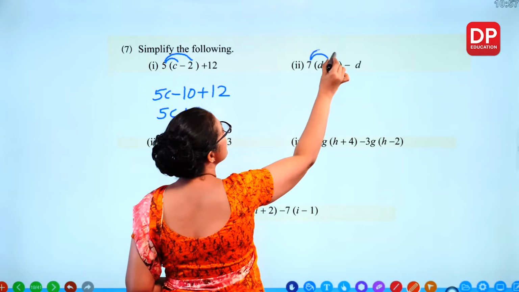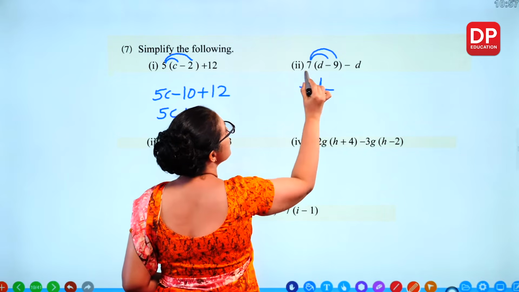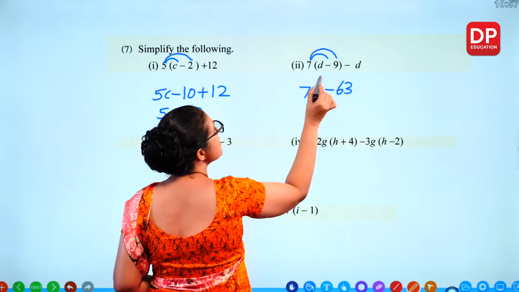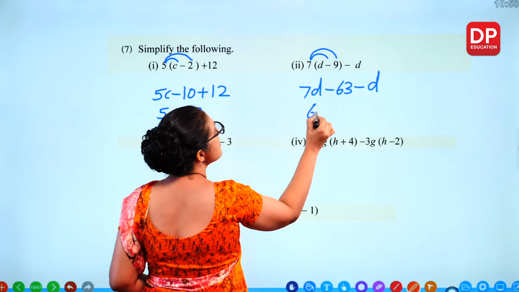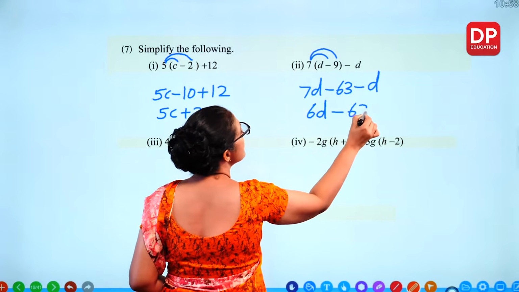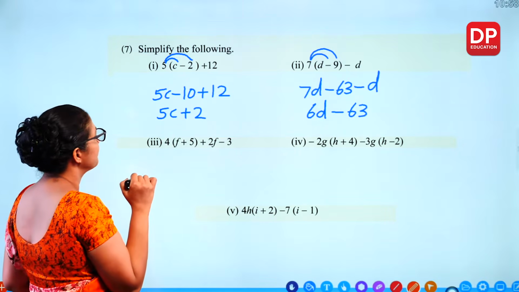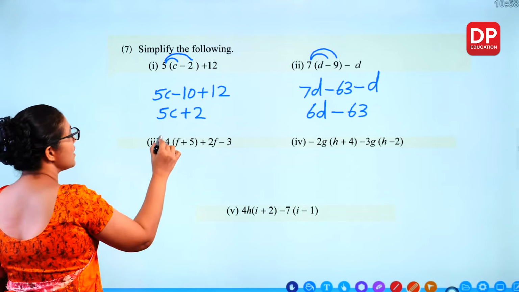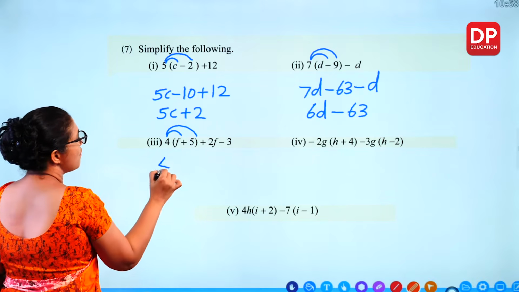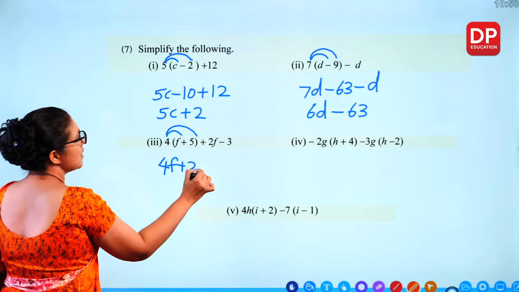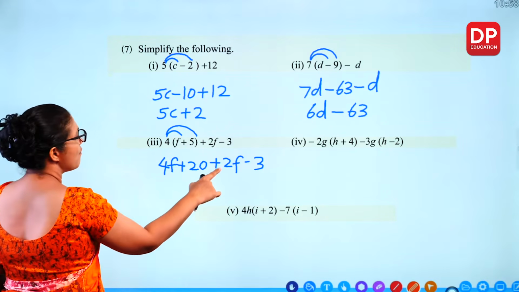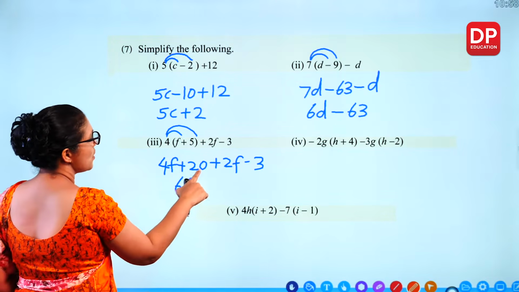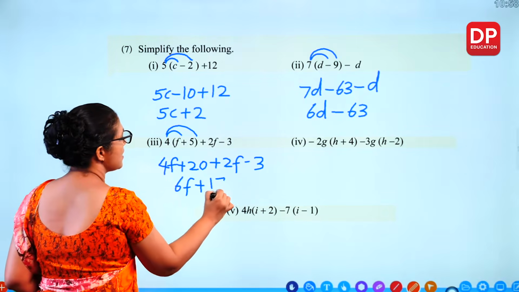Expand brackets. 7d minus 63. 7 times (9 minus d). 7d minus d, 60 minus 63. Here you can multiply: 4f plus 20 plus 2f minus 3. 4f and 2f, 6f. 20 minus 3, you get 17.